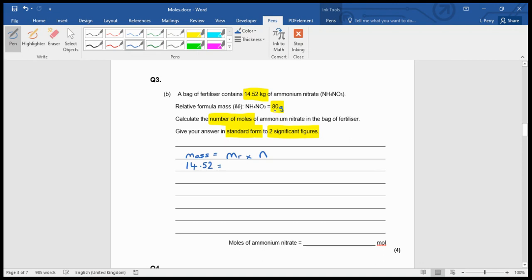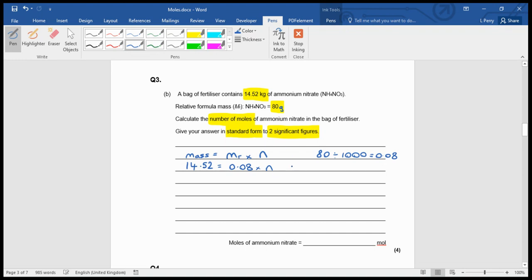Now, grams are a lot smaller than kilograms, so I need to divide. So I'm going to do 80 divided by 1,000, because kilo means 1,000. Typing that into my calculator, I get 0.08. That is what's going to go in here, 0.08 times n.